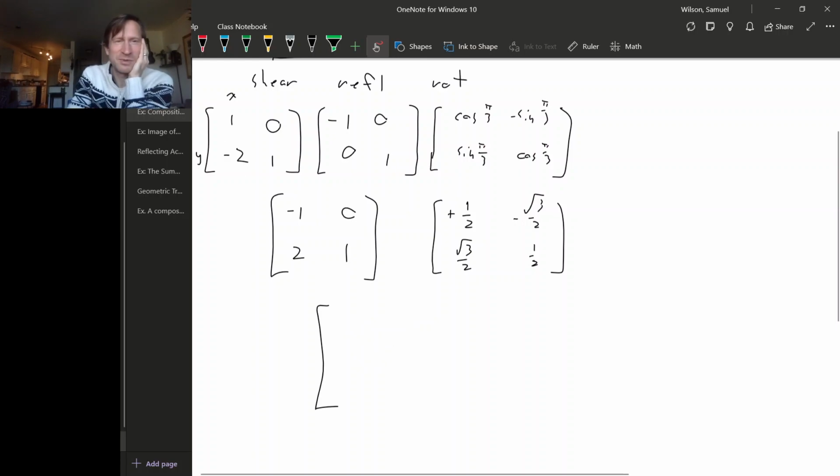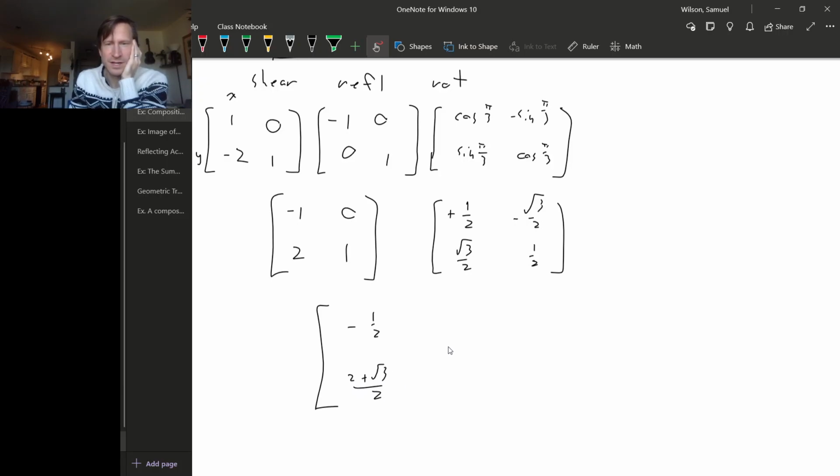I've forgotten how to multiply matrices. Okay, so upper left corner, first column, first row, we get minus a half. And then here we're going to get 2 plus root 3 over 2. Here we're going to get root 3 over 2. And here we're going to get minus 2 root 3 plus 1 over 2. Okay, I think that's right.